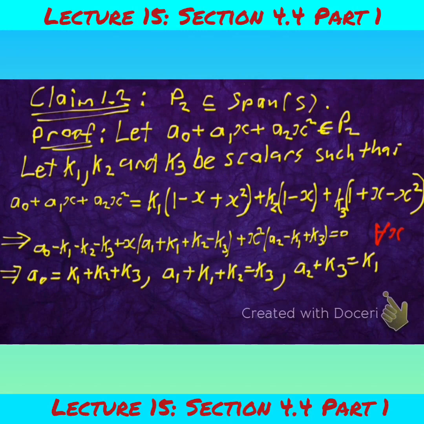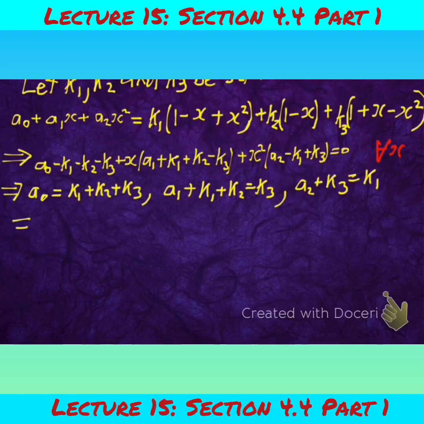All right, so there we can solve for A0 as that, we can solve for K3 as that, and we can solve for K1 as that. All right, so therefore, from A, we can solve for A2 as K1 minus K3.